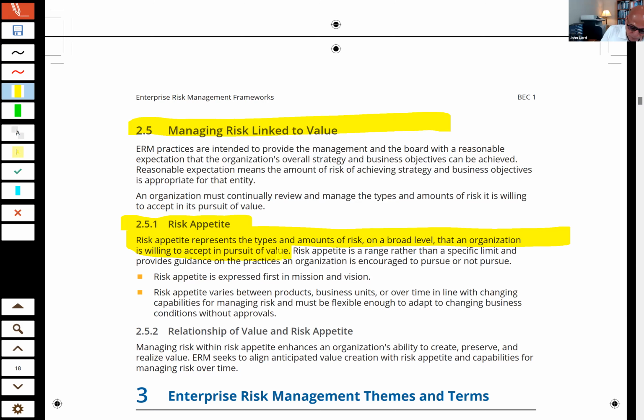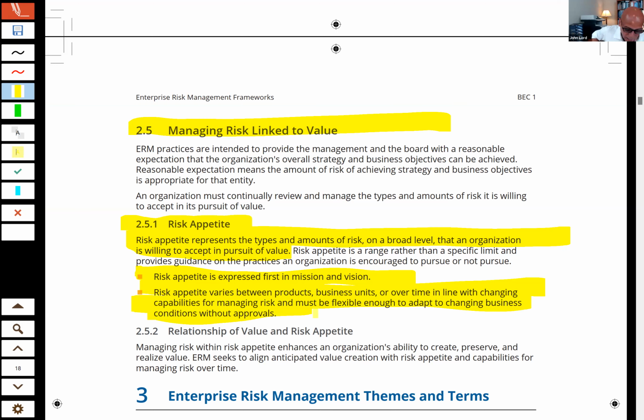Now, risk appetite is expressed first in mission and vision, and risk appetite varies between products, business units, over time, and the capabilities of management, adapting to changes in business conditions, etc.